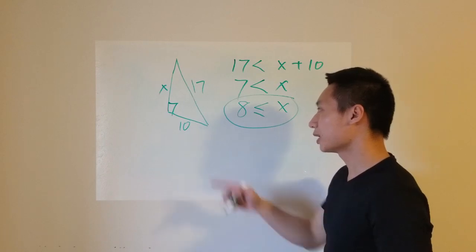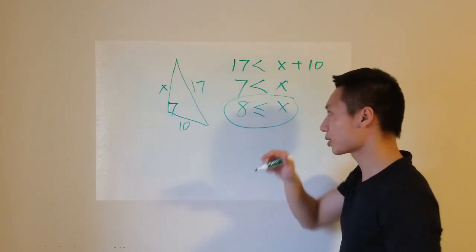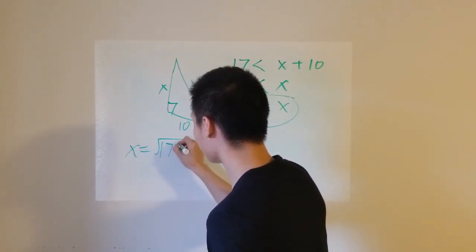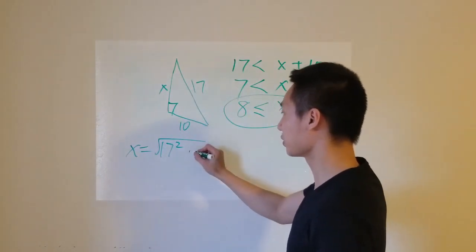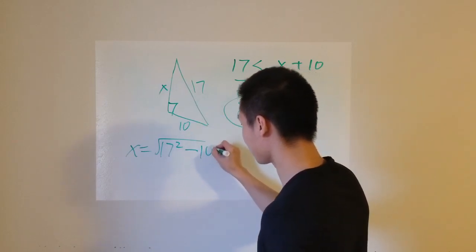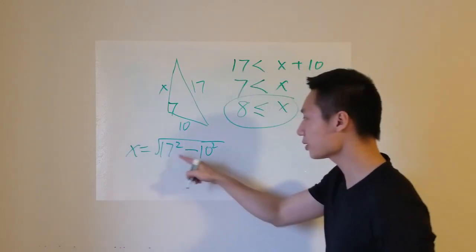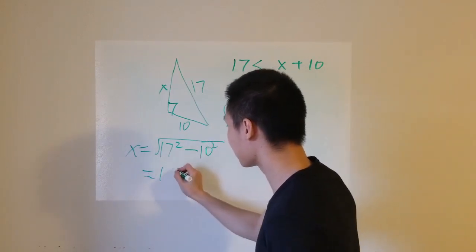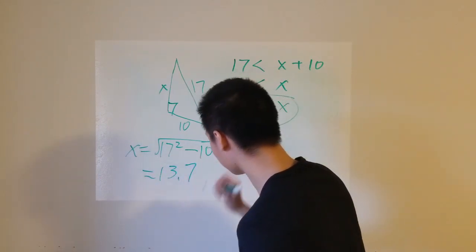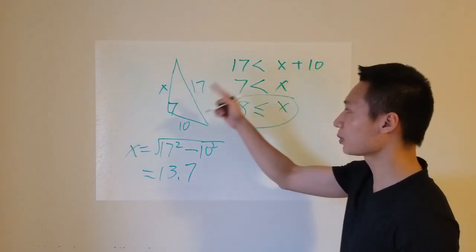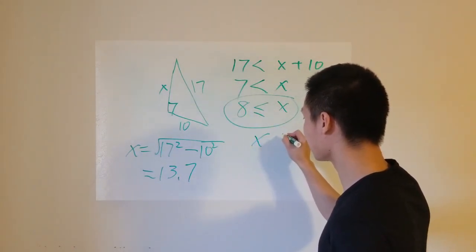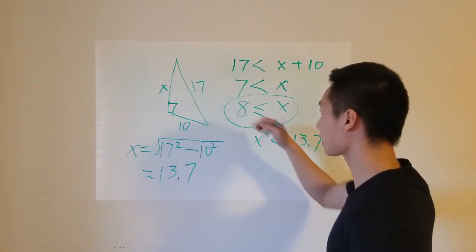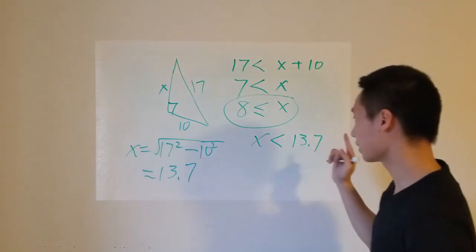According to the Pythagorean theorem, if this were a right angle triangle, we know that x is equal to the square root of 17 squared, the longest side, the hypotenuse, minus the shorter side, 10 squared. This value is approximately 13.7, so we have an upper bound for x. x keeps growing, and it should stop as soon as it hits 13.7.